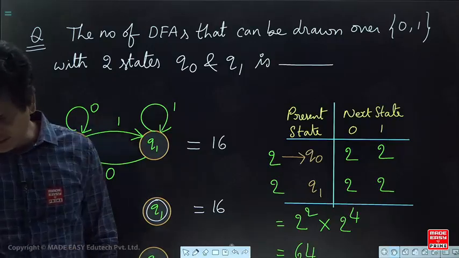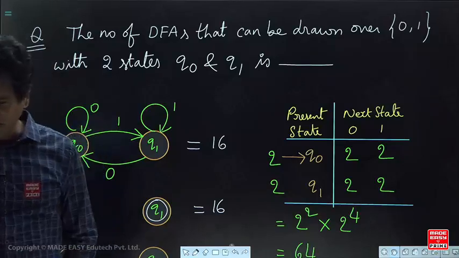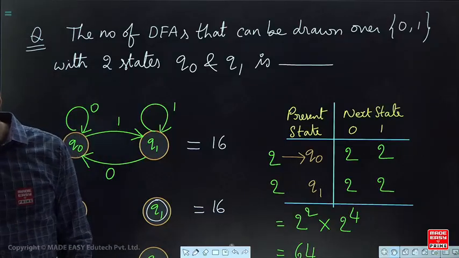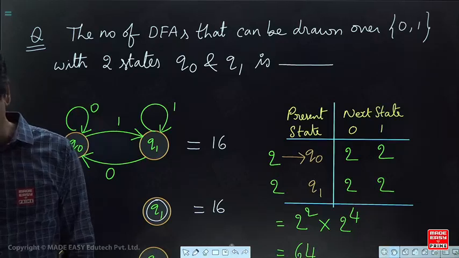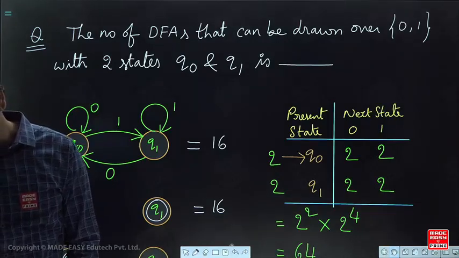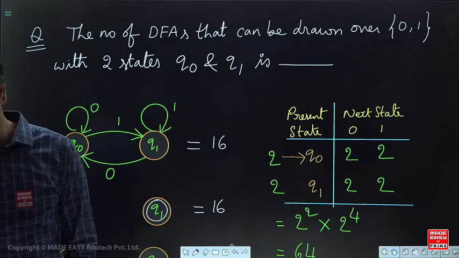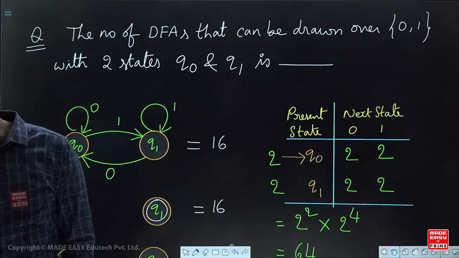Abhijit, wrong answer. Madhav Mishra, wrong answer. Aryan, wrong answer. Arpit Yadav, wrong answer. Arnav Goyal, wrong answer.